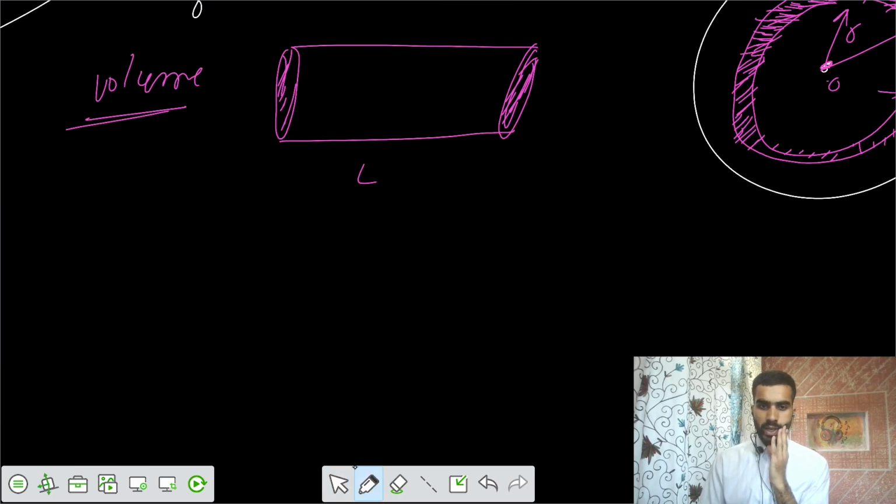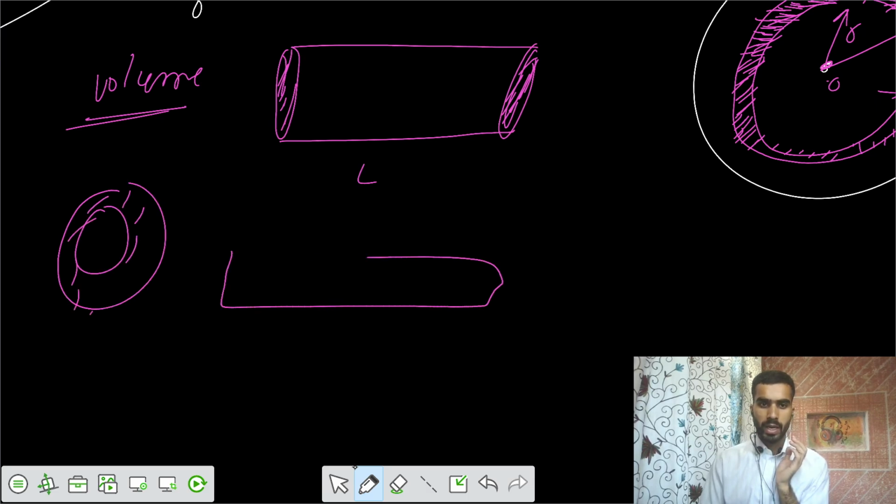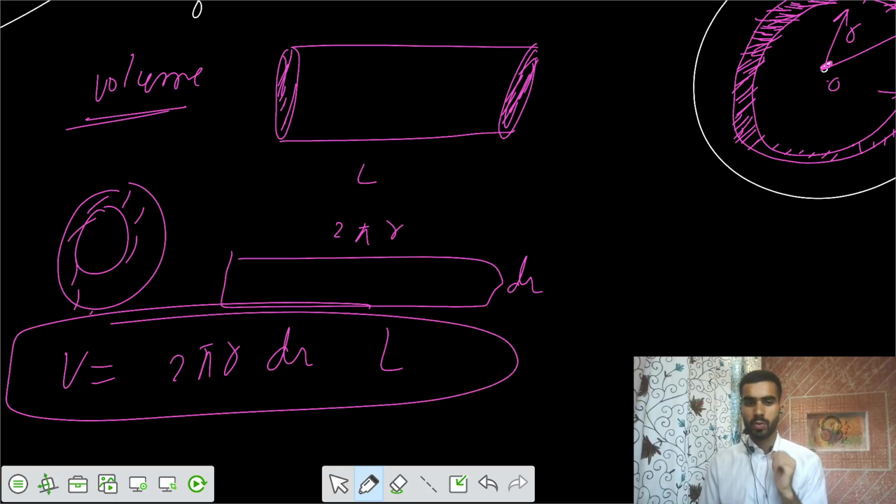The strip's area would be 2 pi r times thickness dr, and the length is L, so I would write volume equals 2 pi r dr into L. So this is your volume, 2 pi r dr L.